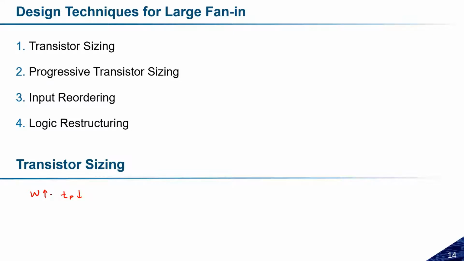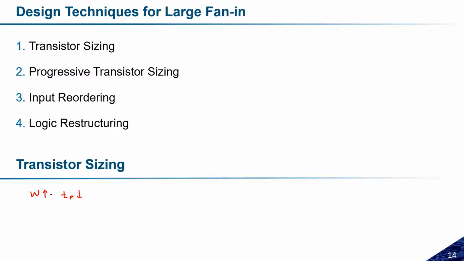But the problem is, if I increase the width of any transistor, definitely it will reduce the on resistance, but the parasitic capacitances associated with the transistor will increase. Okay, so if the parasitic capacitances are increasing, we will not get that much benefit.